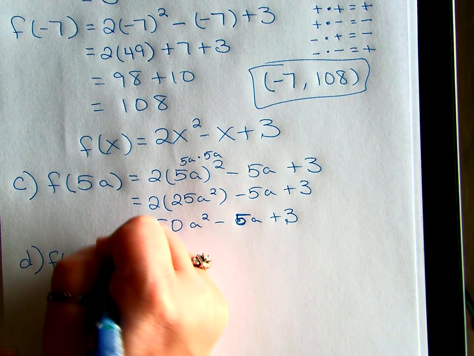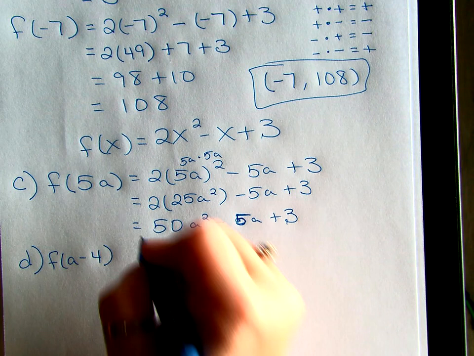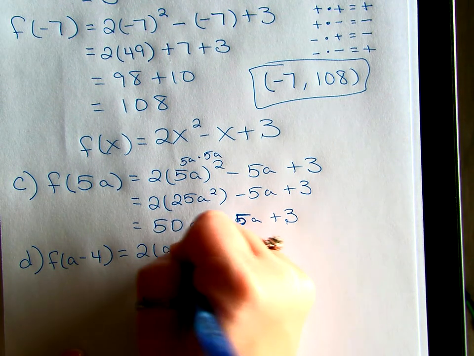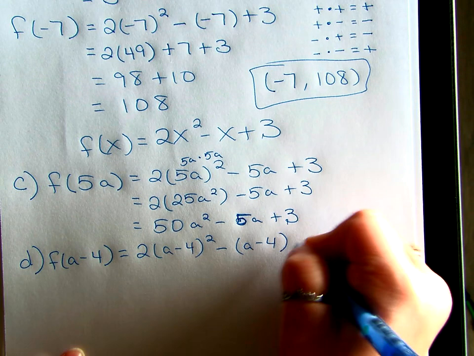One more. F of a minus 4. 2 times a minus 4 squared minus a minus 4 plus 3. Notice I put that a minus 4 inside those parentheses.